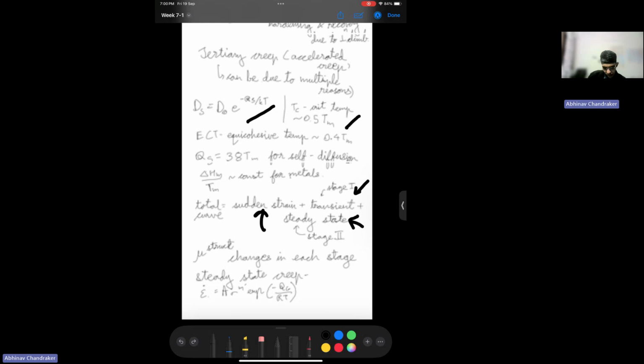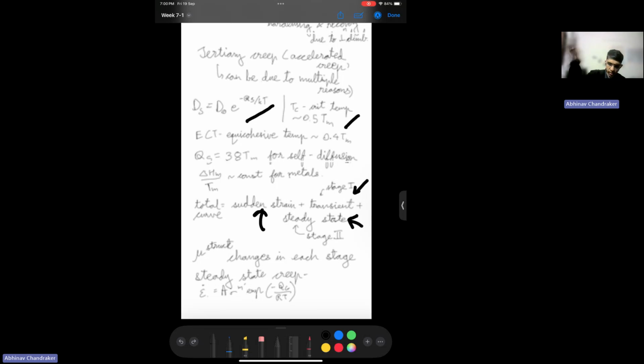So the reason for different stages is because the internal mechanisms change over time. So in stage one it will be different, stage two it will be different, stage three it's different. So there will be change in microstructural features as the creep progression takes place and deformation progression takes place.